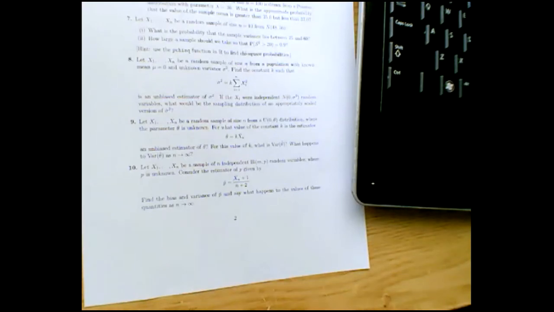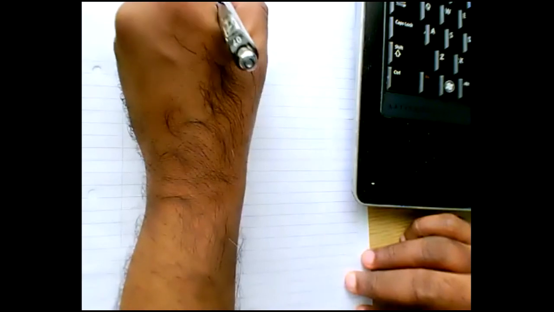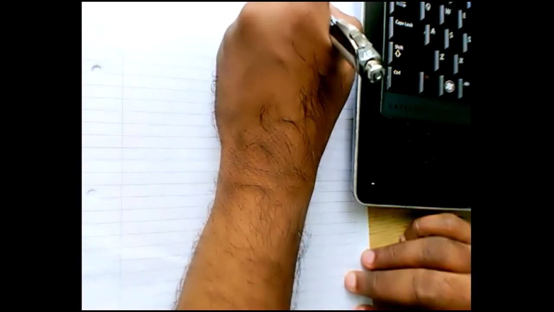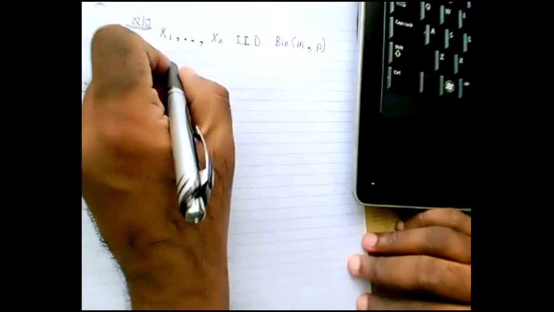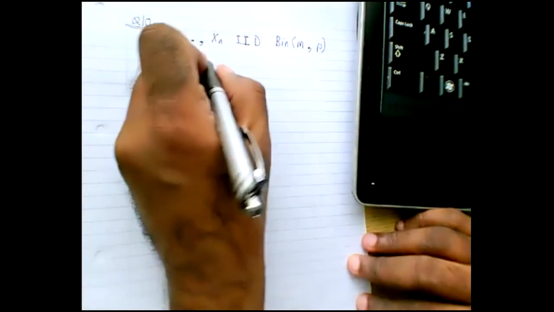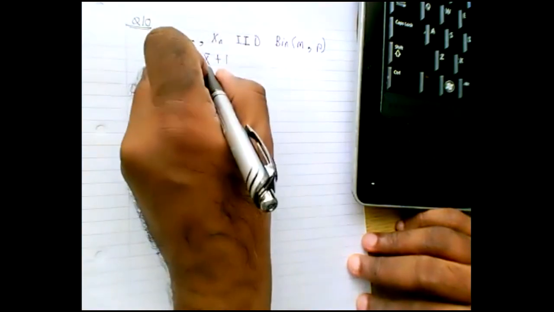Okay, guys, so let's see how we can do this. You have a random sample from a binomial with these parameters, and you have the estimator p hat, which is x bar plus 1 divided by n plus 2.